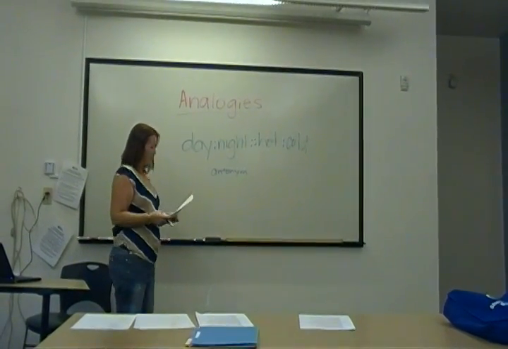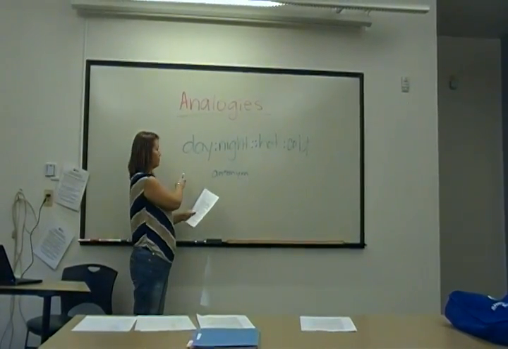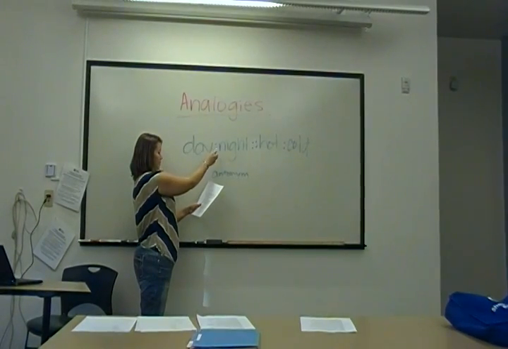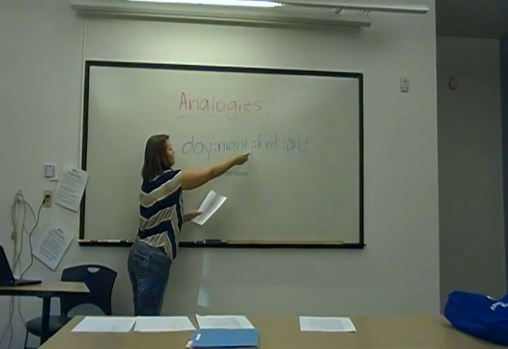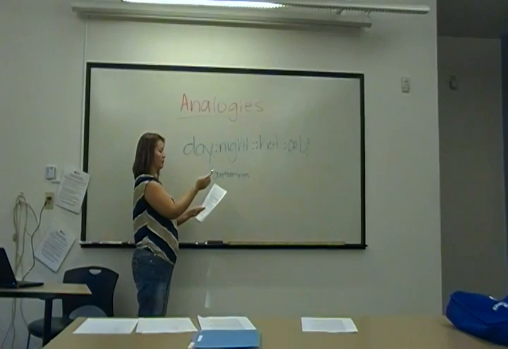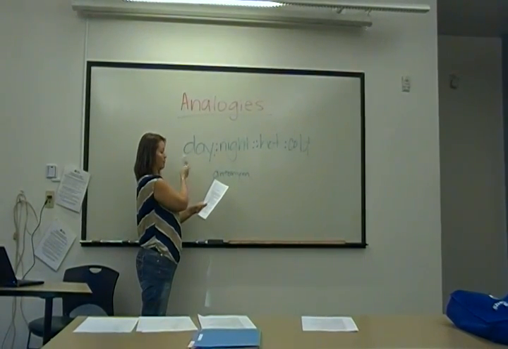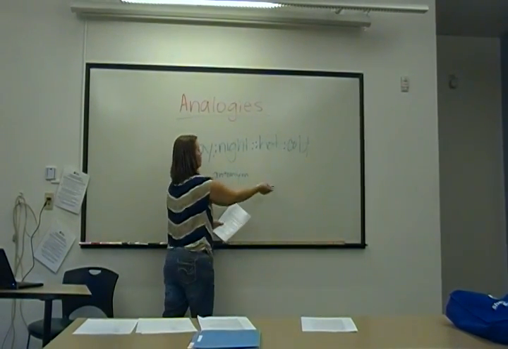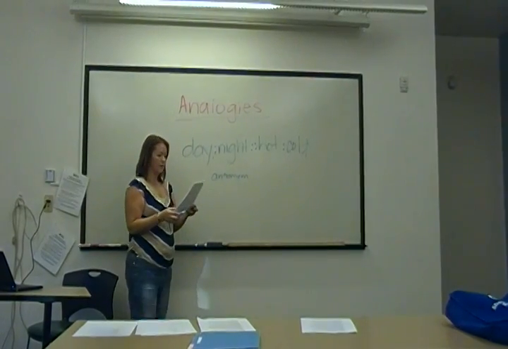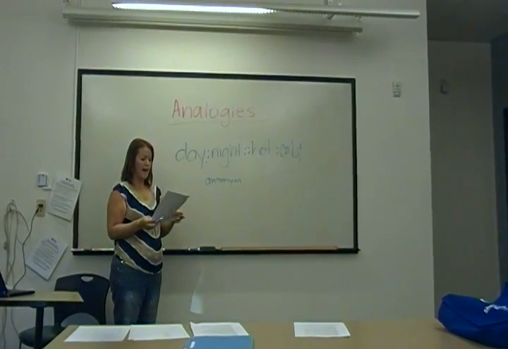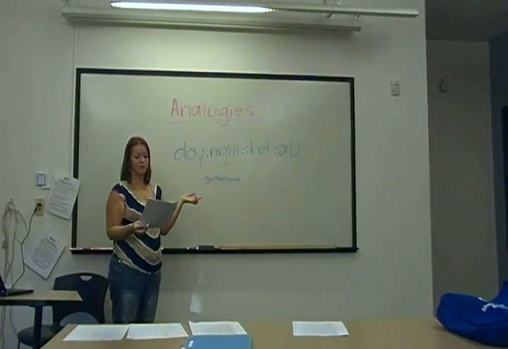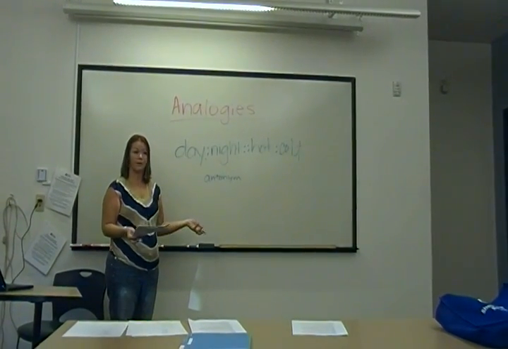Okay, so let me do a quick explanation. This double colon splits the analogy into two parts. The first part is the left-hand side of the double colon. The second part is the right-hand side. So when we ask, what is the relationship you see between both sets of words, we ask, are they antonyms?